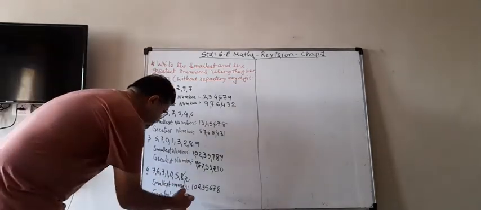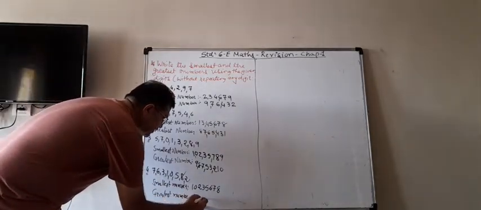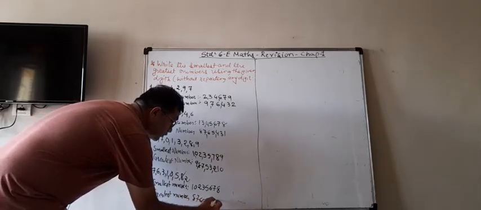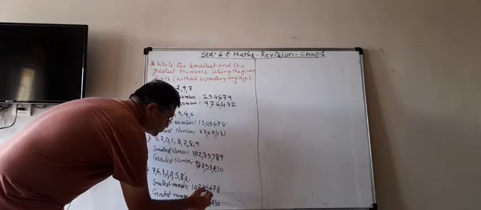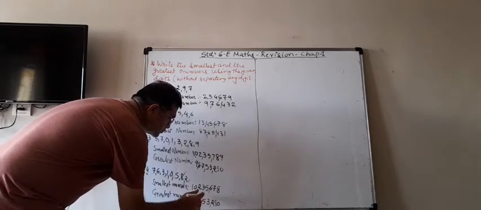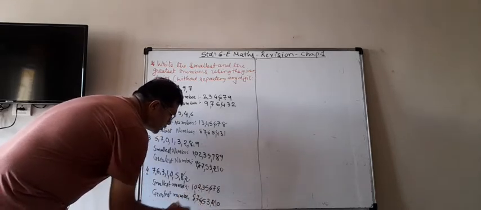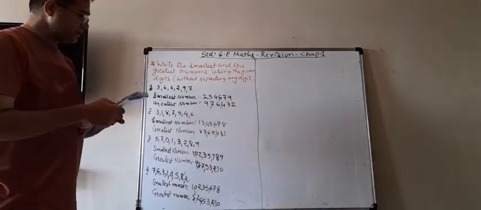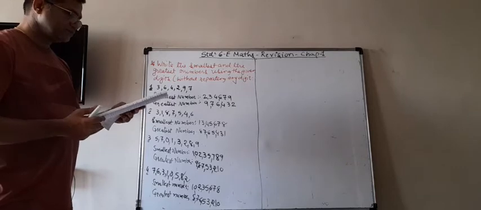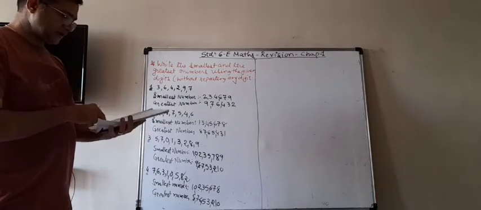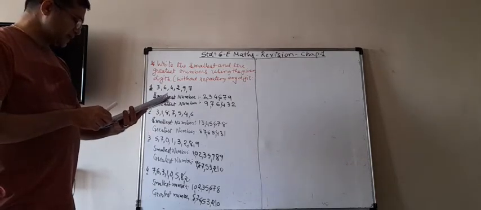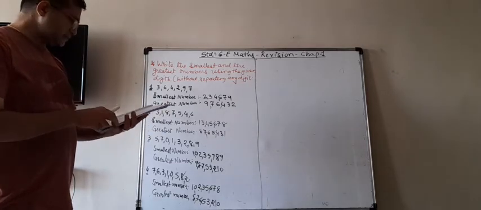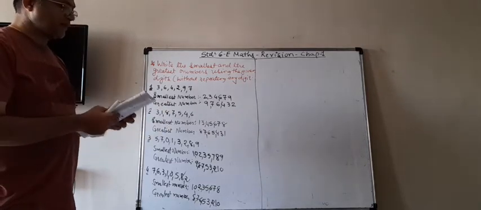And the largest number will be 8, 7, 6, 5, 3, 2, 1, 0. That is the thing that you have to remember in mind while writing the smallest and the largest number like this. So let's take some other types of examples.